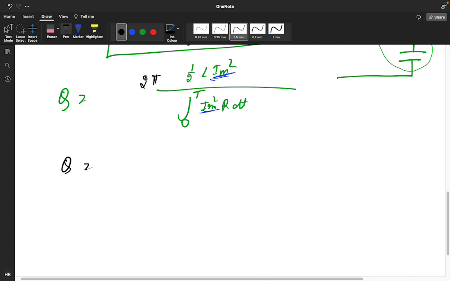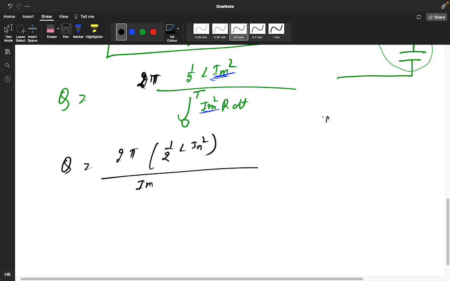So this is 2 pi into half L Im square, and for I RMS I am putting Im by root 2 the whole square. So I will get Im square by 2, and R into time period will come. I am not cancelling this time period. This will get cancelled out, this particular will get cancelled out. I'm generating the formula, that's why.